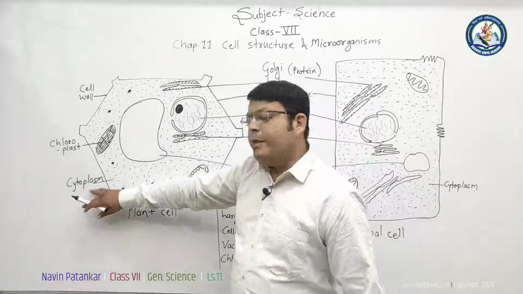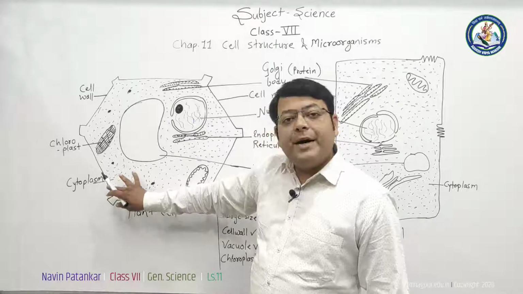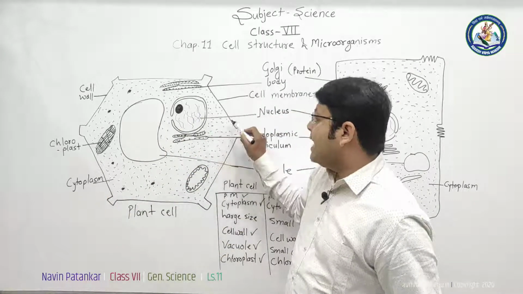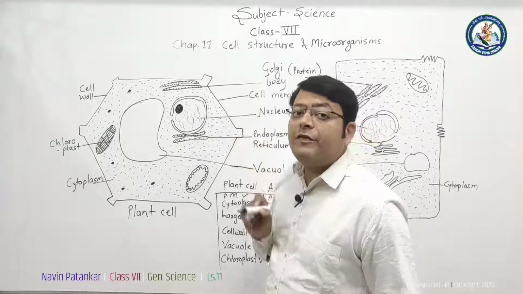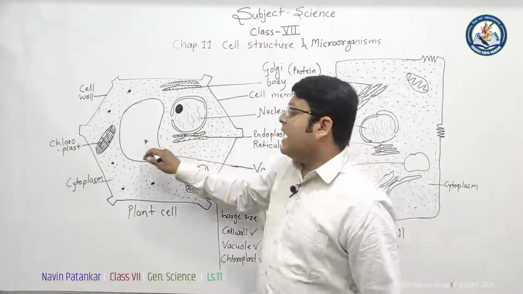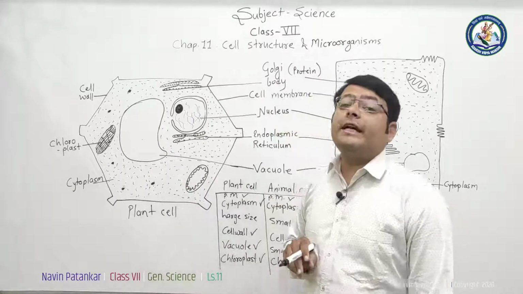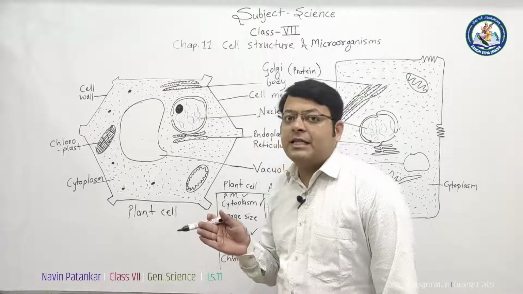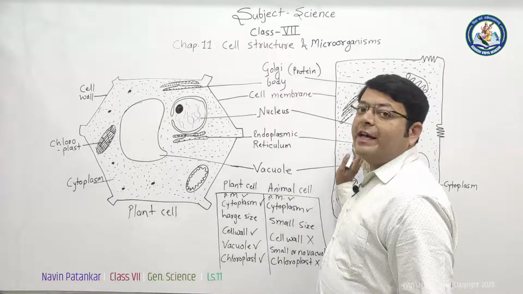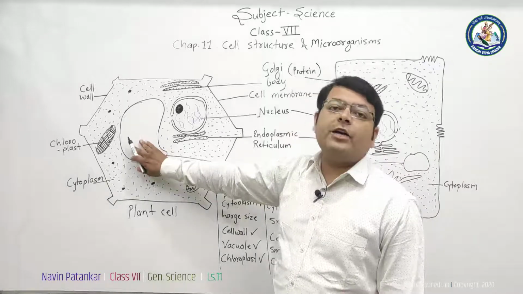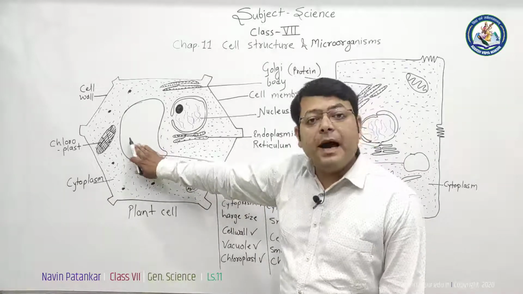Then the cytoplasm is present, embedded in the cell between the nucleus and the plasma membrane, or cell membrane. After that, there is a large vacuole present only in the plant cell. Compared with the animal cell, there is a small vacuole in the animal cell and a large vacuole in the plant cell.